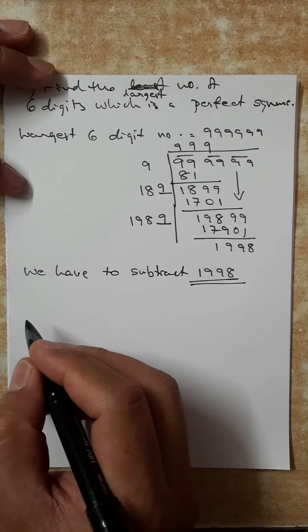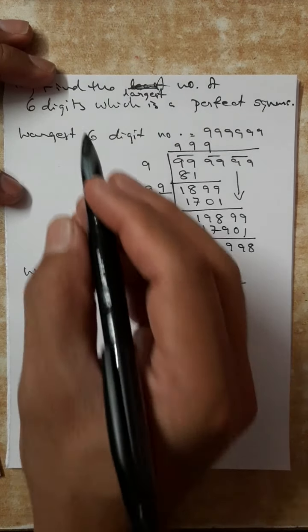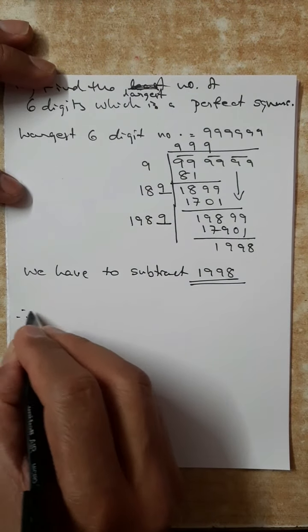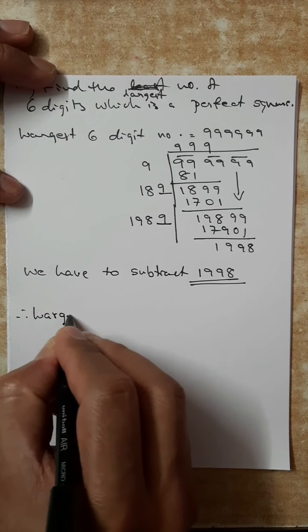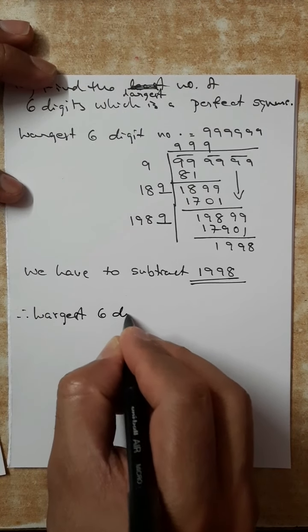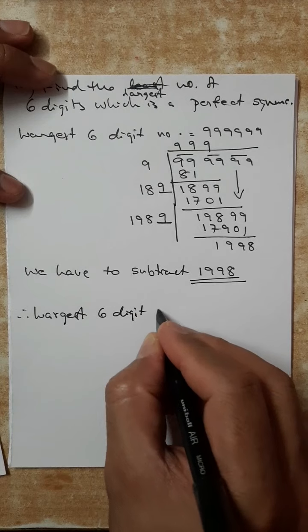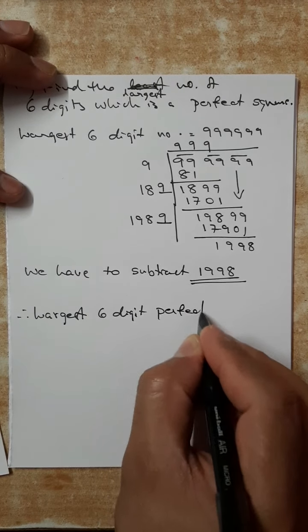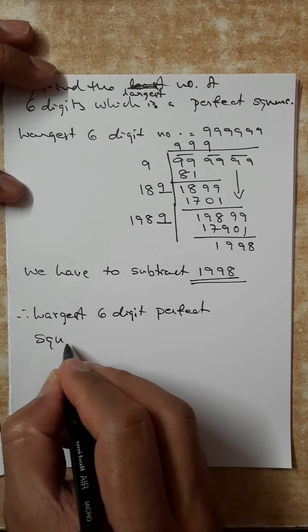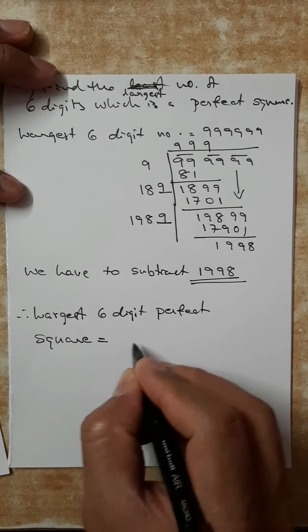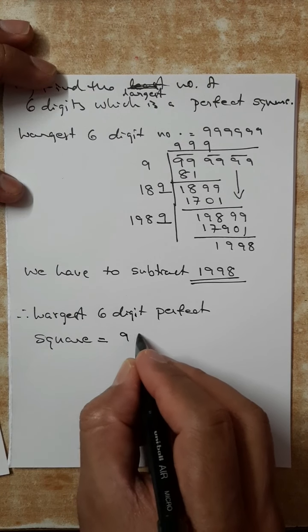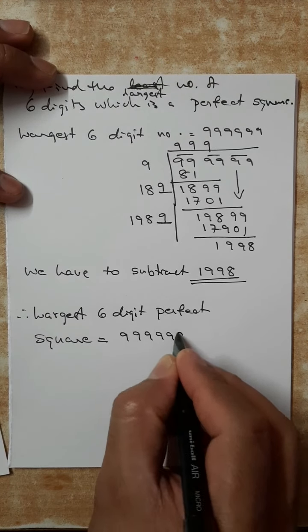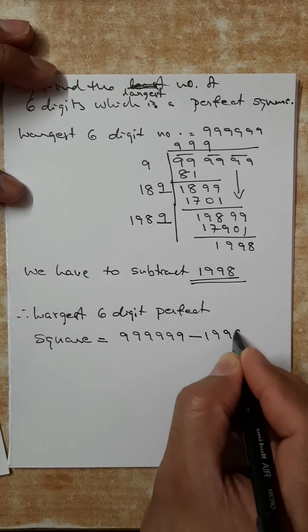So the required number means the largest 6 digit number. Therefore, the largest 6 digit perfect square is equal to the number minus 1998.